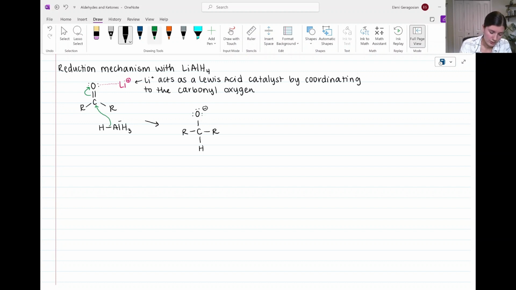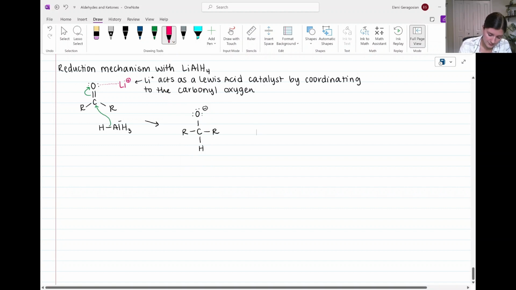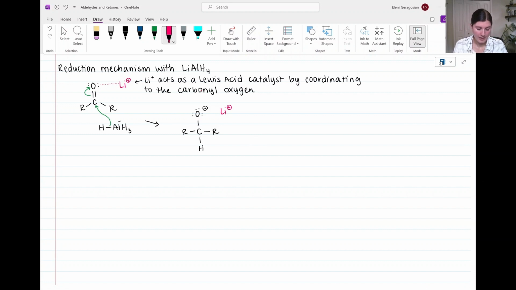Negatively charged oxygen is balanced by that lithium. Now we have an oxygen with extra electrons, and we still have that aluminum hydride with only 3 hydrogens here, so we have an open shell aluminum.